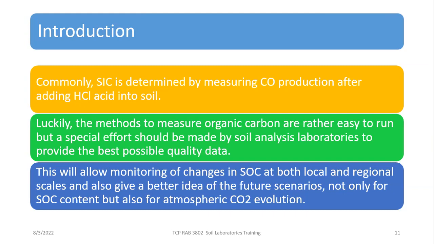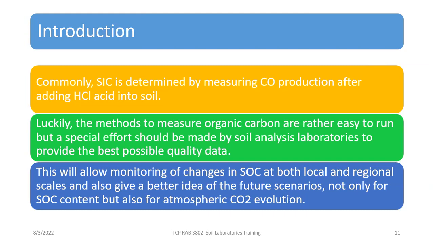You know that they are basically divided into two types: dry combustion and wet combustion. In dry combustion, you put the sample in a furnace and ignite it at 550 degrees centigrade.